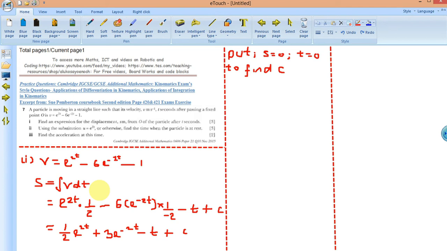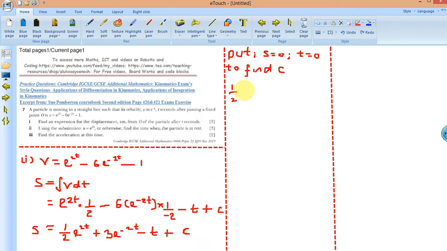From this s we want to find c now. So what do I have? I have a half, because this is not the complete function. I need the value for c.